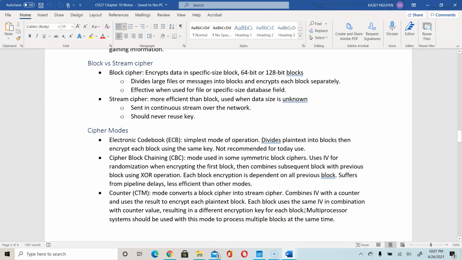This would be beneficial if you are using it on a multiprocessor system, as this mode would require multi-block processing at the same time. So counter would require a lot of resources. Cipher block chaining does require resources, but there is some pipeline delay, and so it would be less efficient.